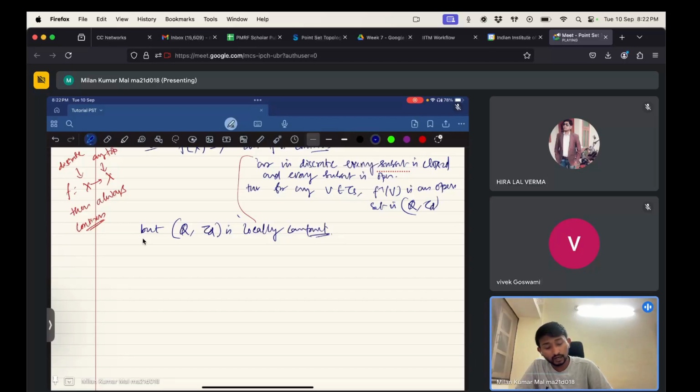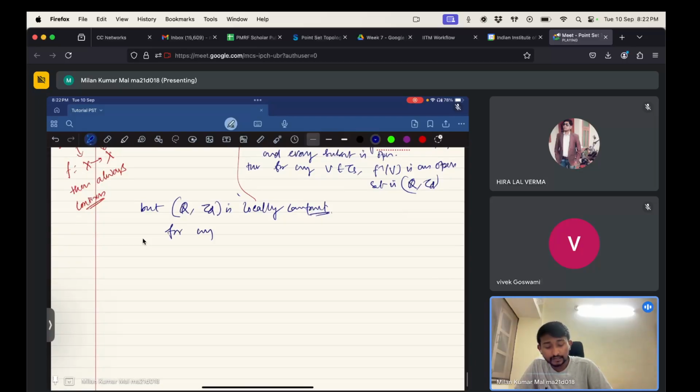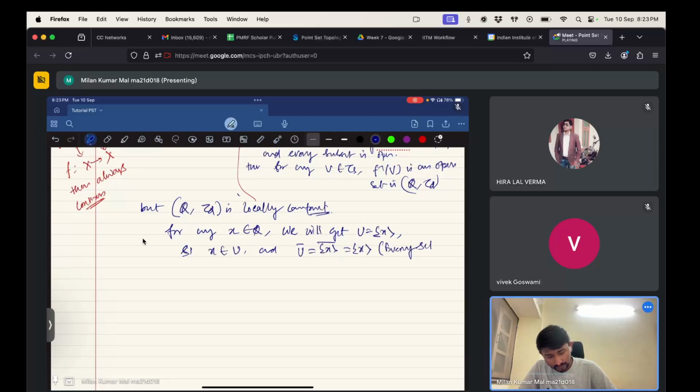Why is it locally compact? For any rational number x belonging to Q, we get a set U, the singleton set {x}, such that x is sitting inside U, and U closure is the same as U, because every set is open and therefore every set is closed.